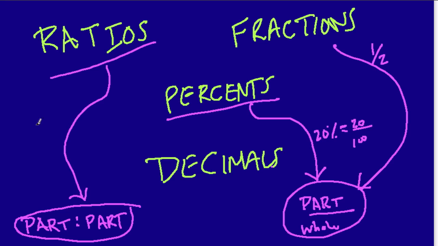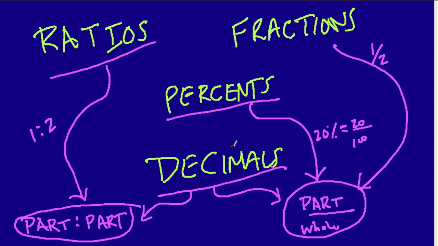But an example is, you could say, well, in this room, there's one guy for every two computers. So there's one guy for every 2 computers. They're separate groups, so they're part-to-part. And decimals, though, they can go both ways.